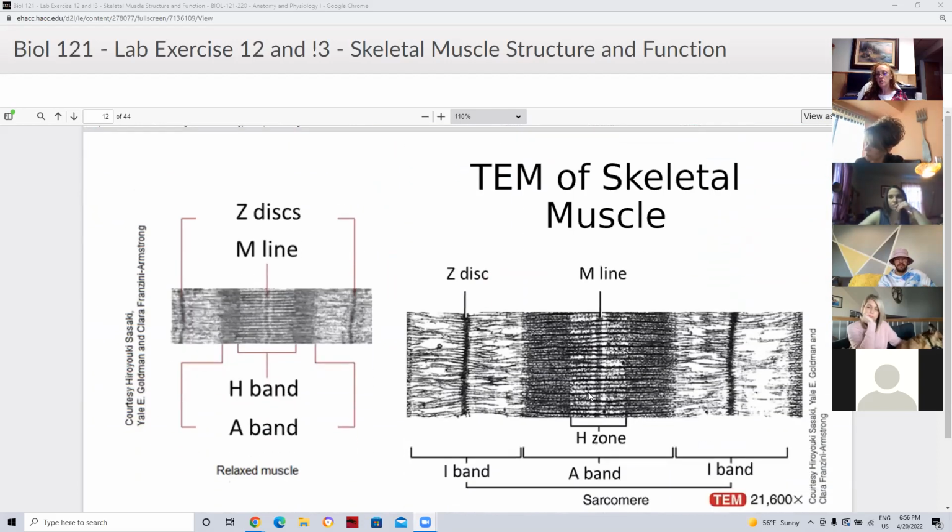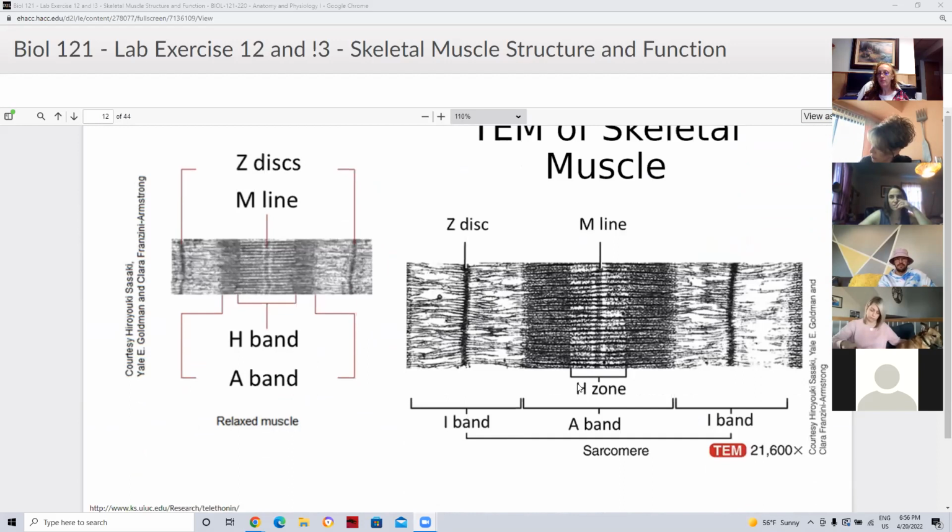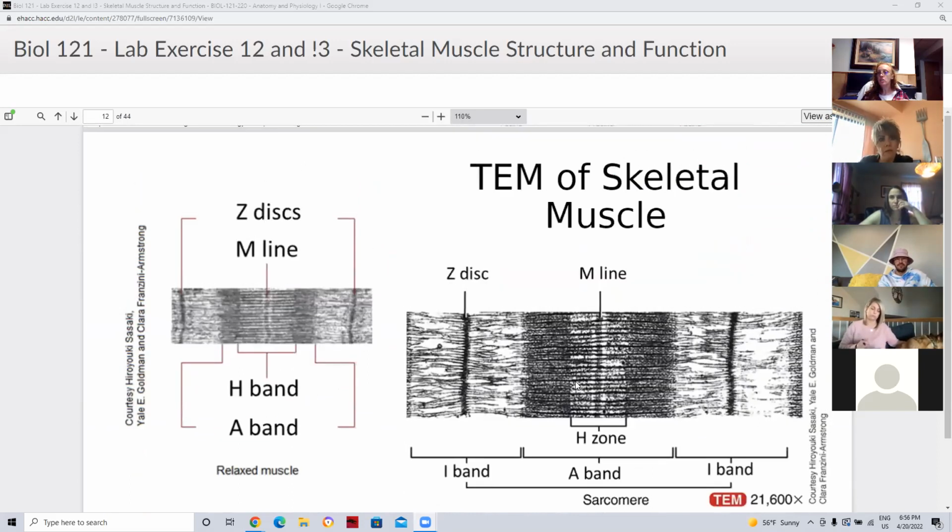These are two pictures that are coming from the manual that are transmission electron micrographs of skeletal muscle, showing the I bands, the H zone, and the M line and the A bands.